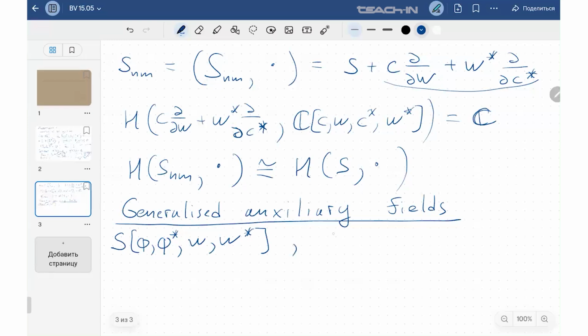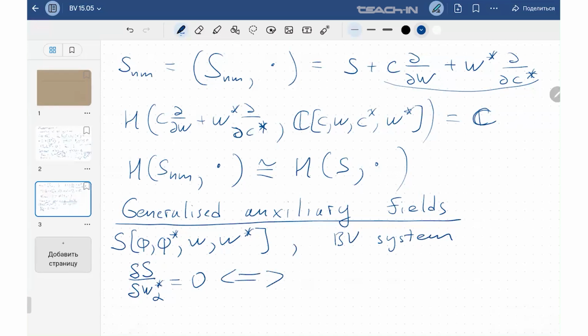Of course, it defines for us a BV system. Suppose that the Euler-Lagrange equation of the master action, not of the classical action, this is important, with respect to W star, let's say alpha, can be algebraically solved.